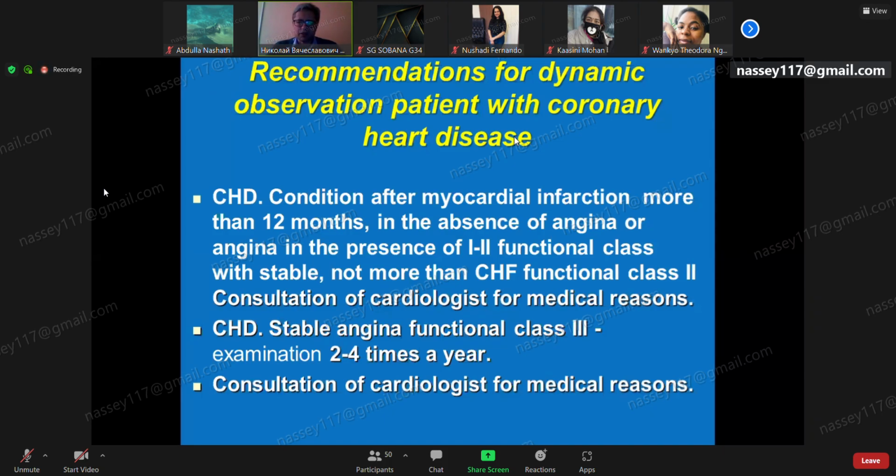Now you can see the examples of how to compose the program for dynamic observations. Main recommendation for patients with coronary heart disease, for example, coronary heart disease condition after MI more than 12 months ago, absence of angina or angina in the presence of first, second functional class stable angina, not more than chronic heart failure functional class 2.